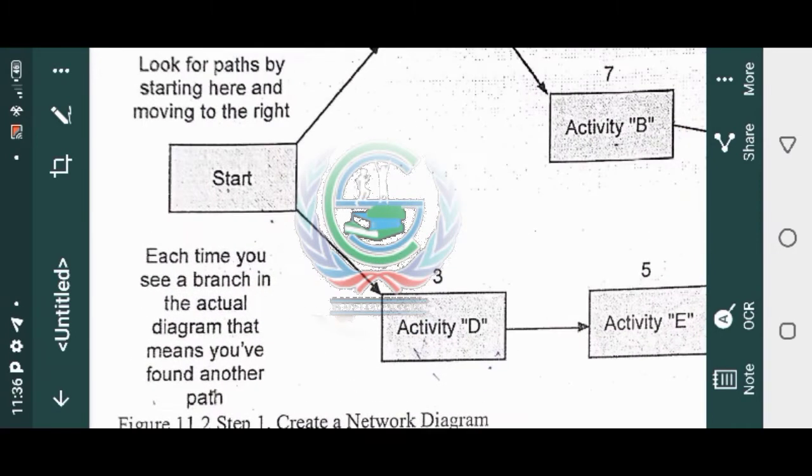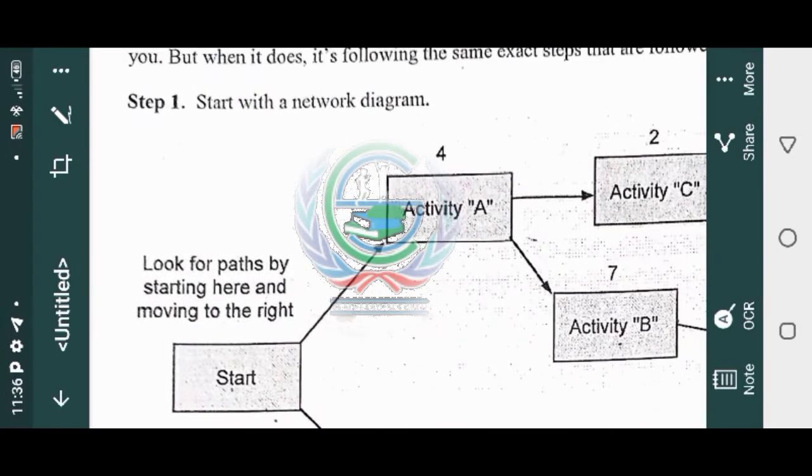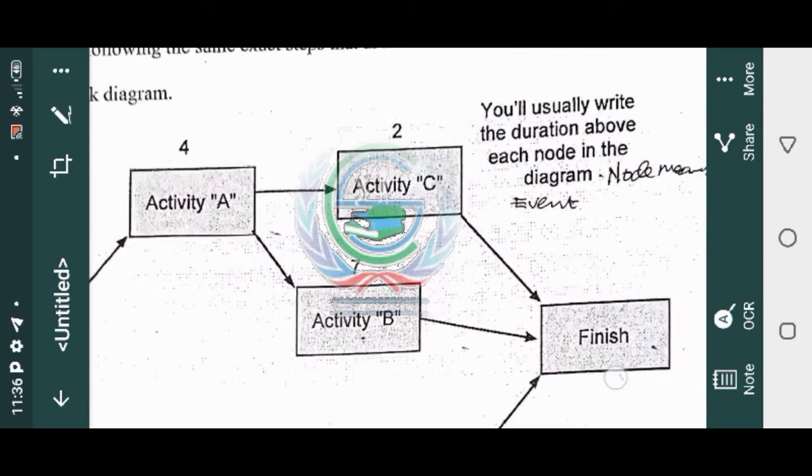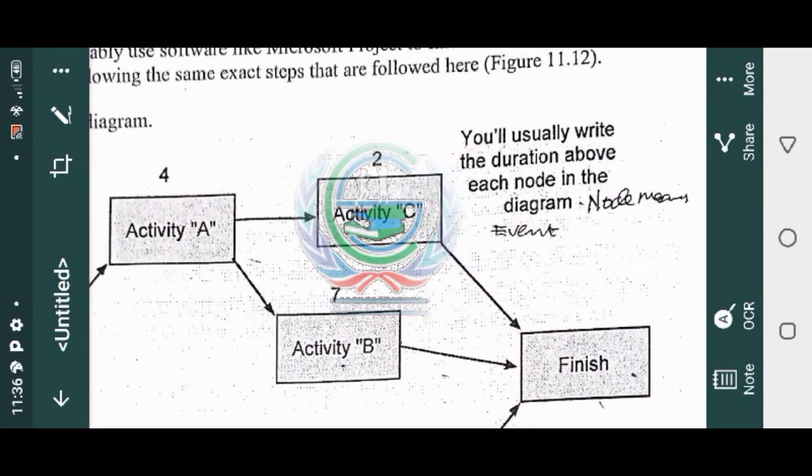Now, look here. How do I know how to trace my path? I have to look at my arrows. Start comes first. Activity A comes second. When I finish activity A, I move to activity C. When I finish activity C, I move to the finish line, right? Did you see now? So you will usually write the duration above each node in the network diagram.